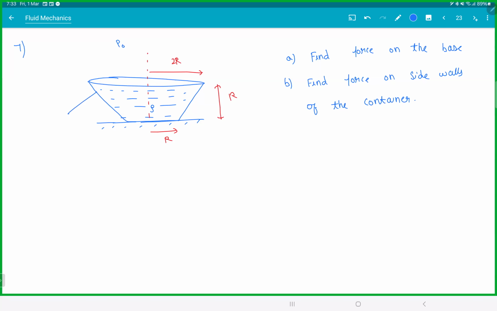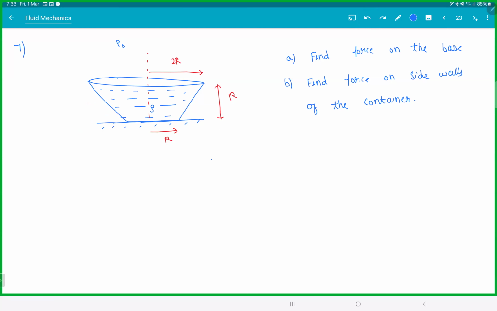Side walls meaning if you draw the FBD now, you'll get this side wall. Hope the question is clear.